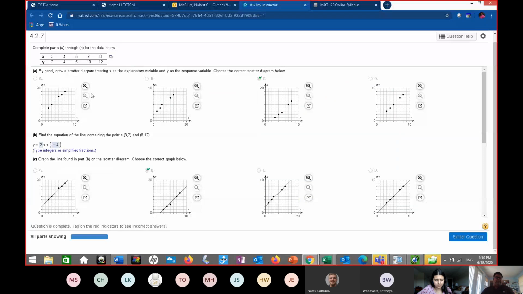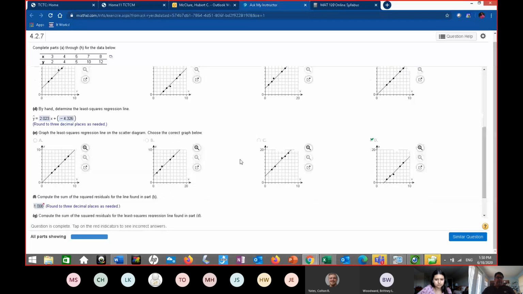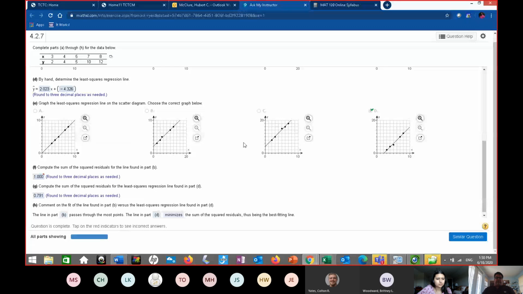So that's these. And there's by hand using those 2 points. And we said that the one that we did was this one, I believe. Yeah, D. There's the answer I can't get.